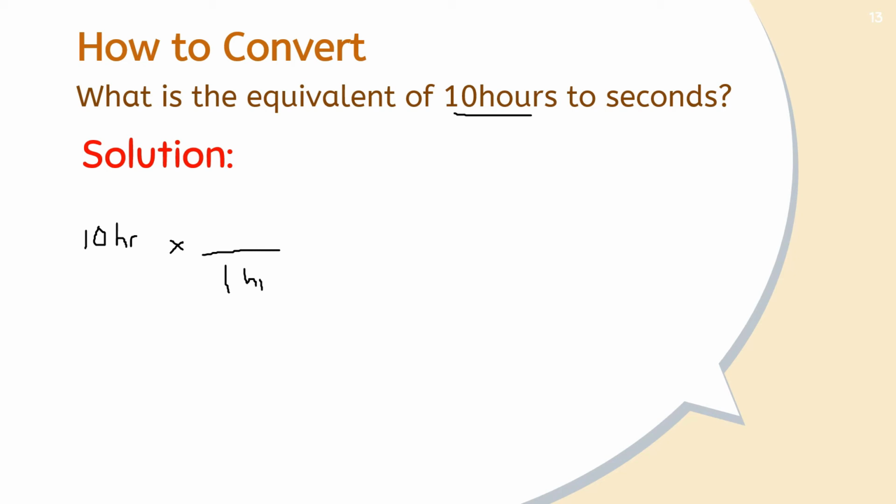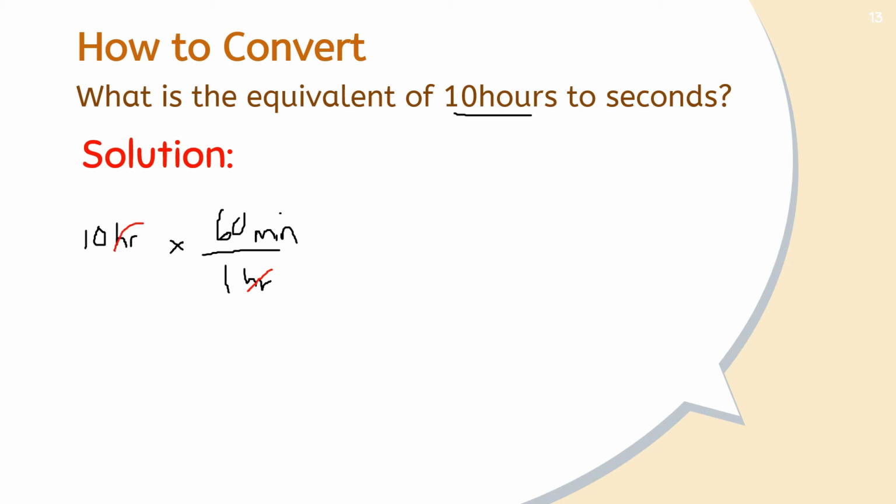Take note that for us to cancel, the desired unit should be the last unit left. So if the hour unit is in the numerator, then it must be in the denominator so that we can cancel. So, 1 hour is 60 minutes, so that this time we can cancel the hour.